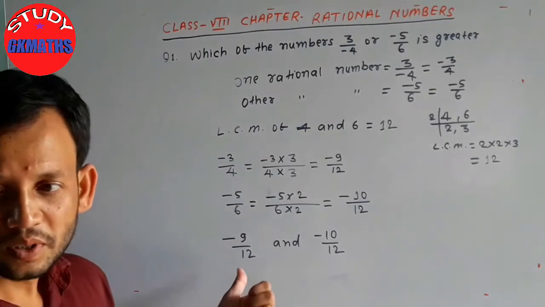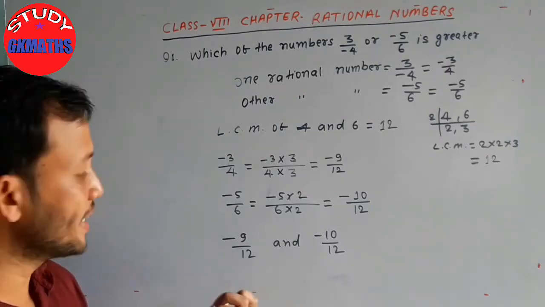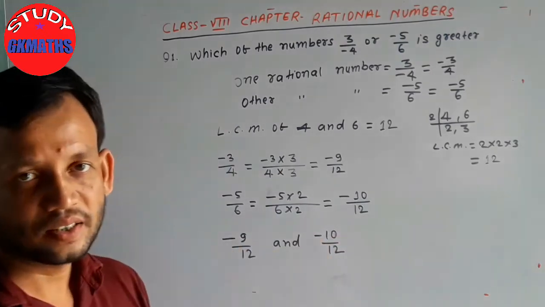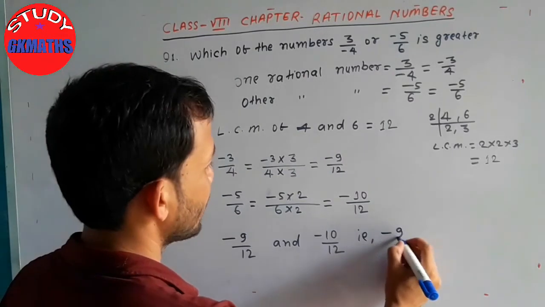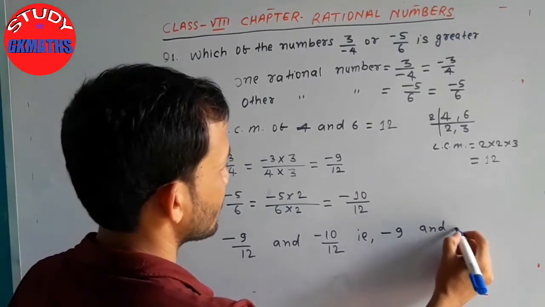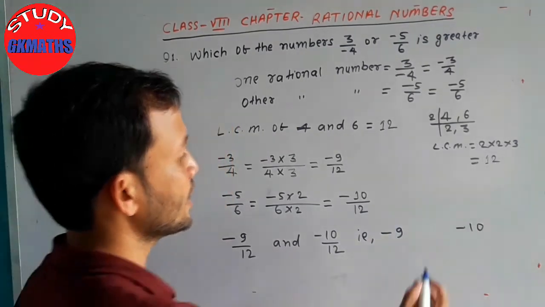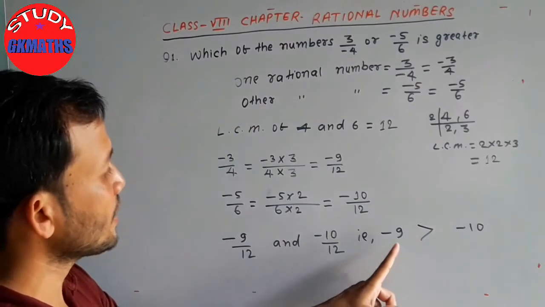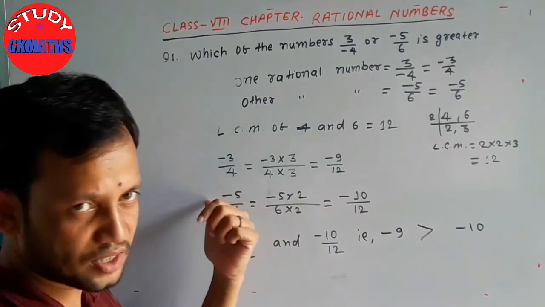Clearly, the denominators of both are the same. Now you will find whether minus 9 is greater or minus 10 is greater. Here the results are minus 9 and minus 10. So your result is that minus 9 is greater than minus 10. So then you can say that this 9 is from this rational number and minus 10 is from this rational number.